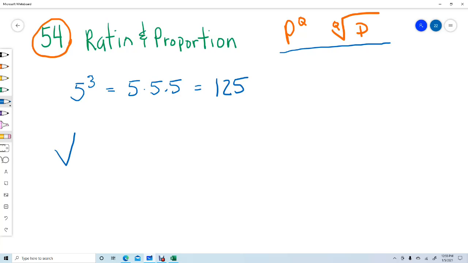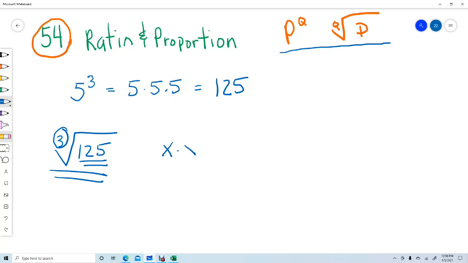Radicals. All right? Let's use the same numbers, and we'll say the cube root of 125. What does this mean? It means what number multiplied by itself 3 times equals 125? So this is what you're trying to find out.